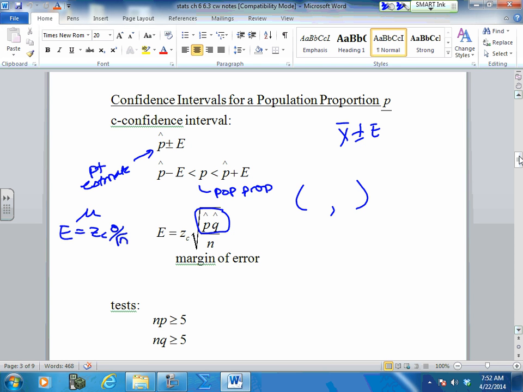So we're going to use our p hat and q hat, and we're going to put it in this thing. We still need your ZC. Your ZC stays exactly the same. And an easy way to remember that this is not the same as the other one is because you're finding your p hat, your q hat. You got to use it for something, right? You should be able to use that. You have no standard deviation here, so you're going to use this instead.